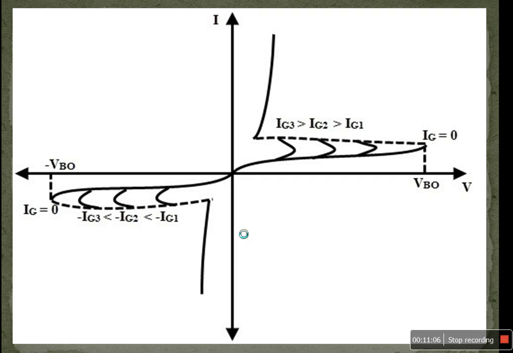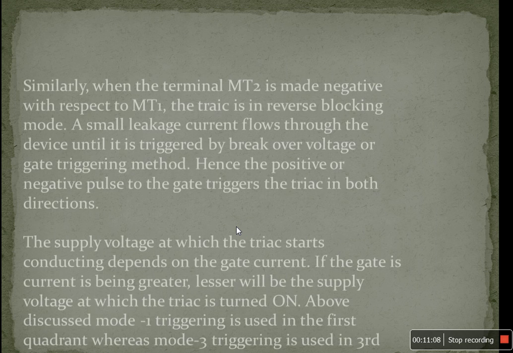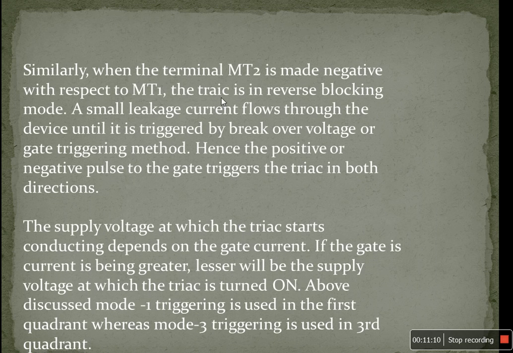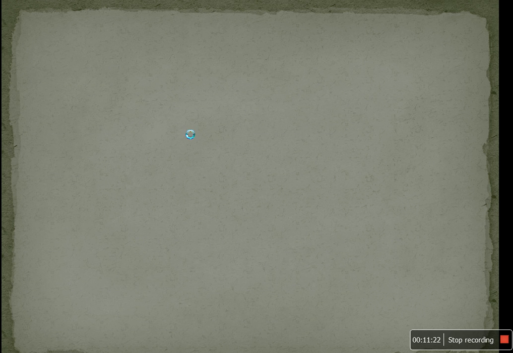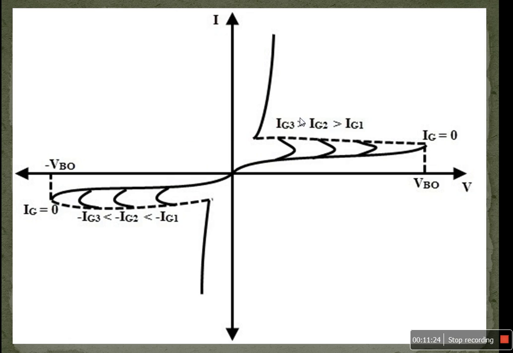Similarly, for example, if MT2 is made negative with respect to MT1, that is main terminal 2 is negative with respect to main terminal 1, the triac is in reverse blocking mode. In the first condition, main terminal 2 is positive with respect to main terminal 1, so initially a small amount of current flows due to the minority carriers.